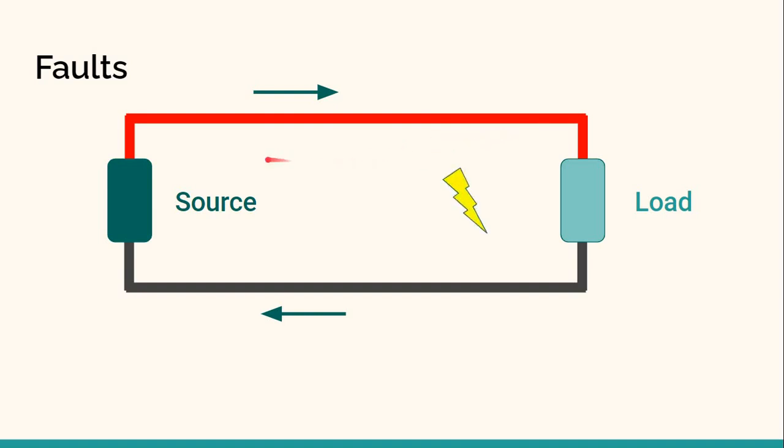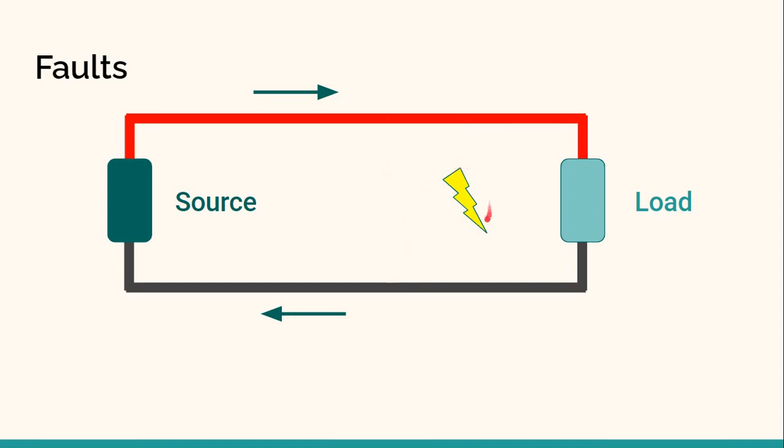In the normal condition, the load impedance will resist the flow of current, and in between the conductors we will have insulation which prevents the current from leaking from the go conductor to the return conductor, or from the high potential to the low potential.